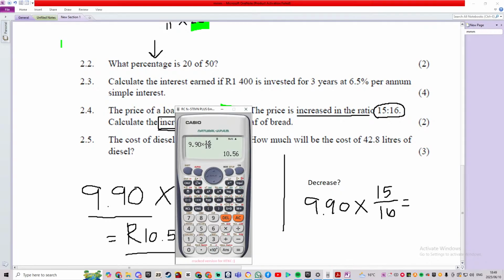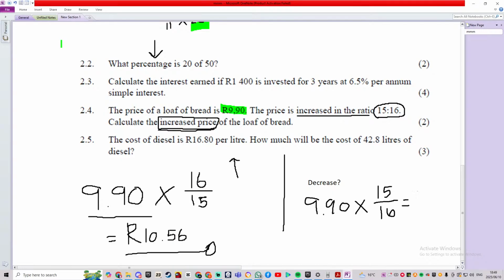Let's see. If you change those numbers, now look what I get. 9,28. Did you see that it went down from this one here? It went down. So we know that that is correct.